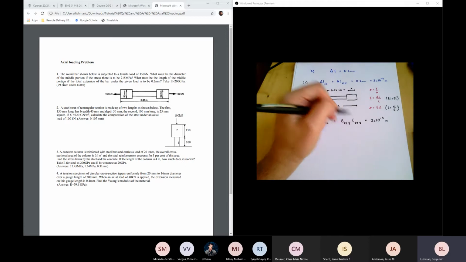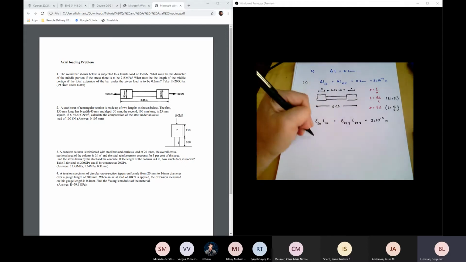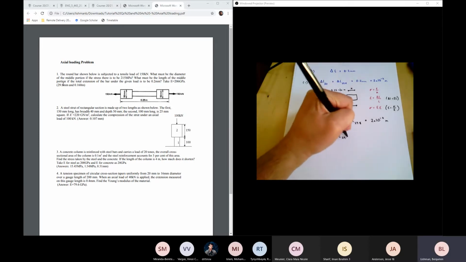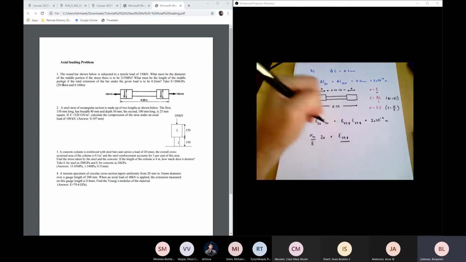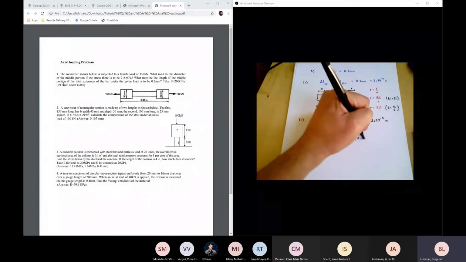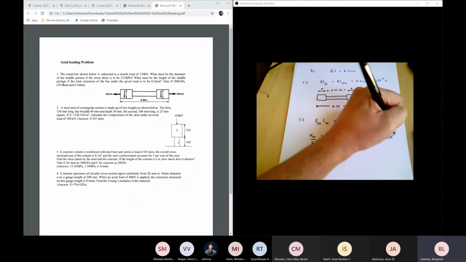And the length of the 29.8 millimeter bit is 0.25 minus 2x. So stress in the 50 millimeter bit divided by Young's modulus multiplied by 2x, plus stress in the 29.8 millimeter bit divided by Young's modulus multiplied by 0.25 minus 2x equals 2 times 10 to the minus 4.